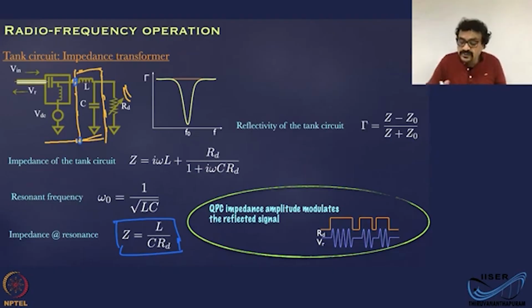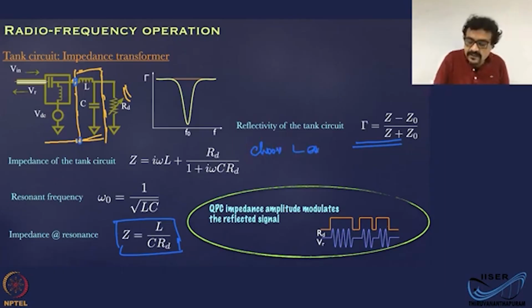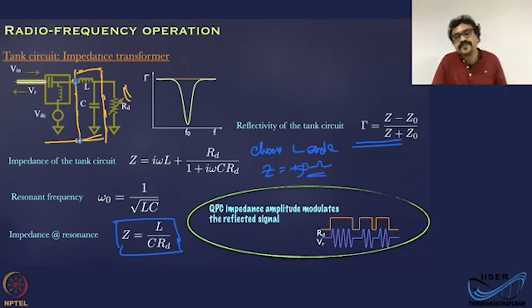Now you can come back here and make this Z 50 ohm by choosing L and C appropriately. So you can choose L and C to have Z equal to 50 ohm.